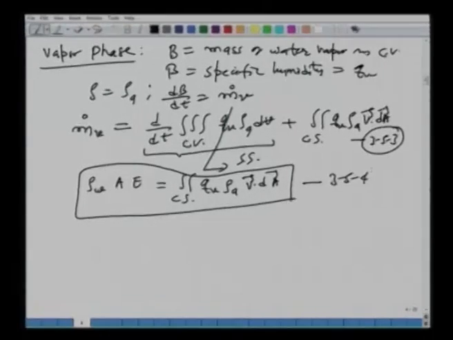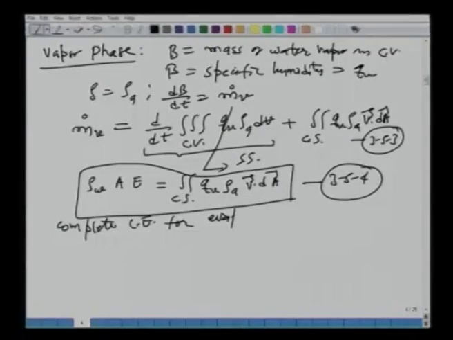We will number it 3.5.4 and say that this is your complete continuity equation for the evaporation process, which is very useful for finding the evaporation, once we can estimate the right hand side.